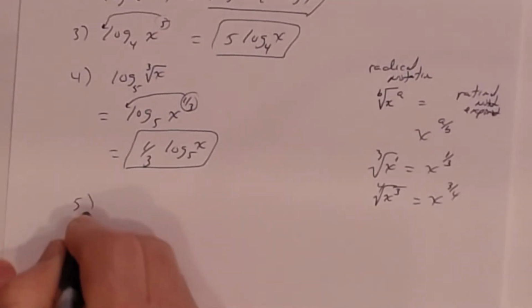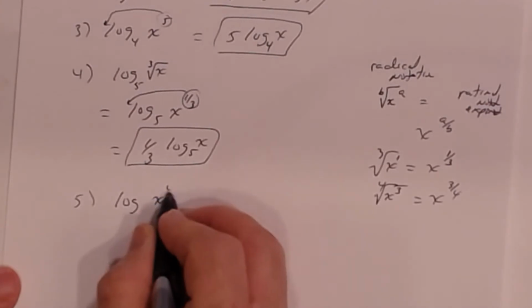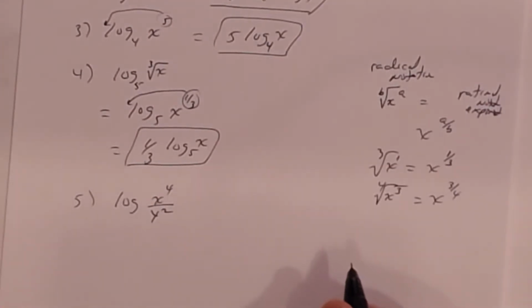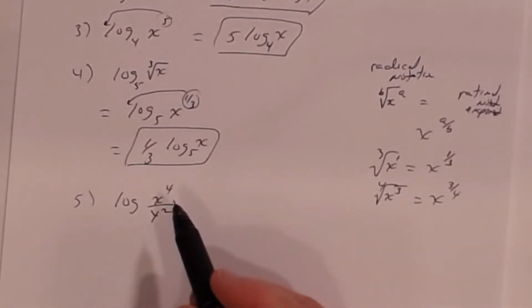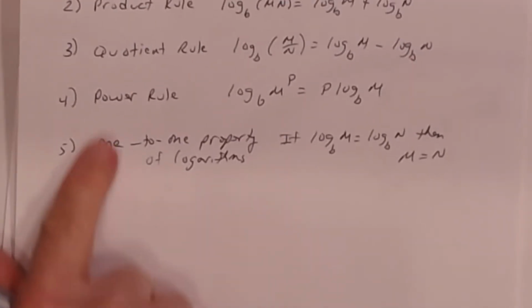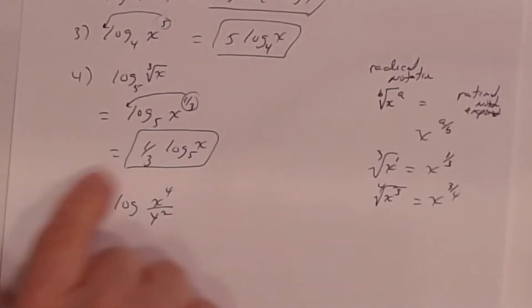Number 5. We have the log of x to the 4th divided by y squared. Now be a little bit careful. Some of you see this exponent right here, and your first inclination is to use the power rule first. You cannot use the power rule first.